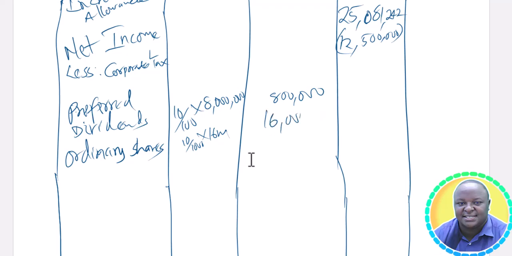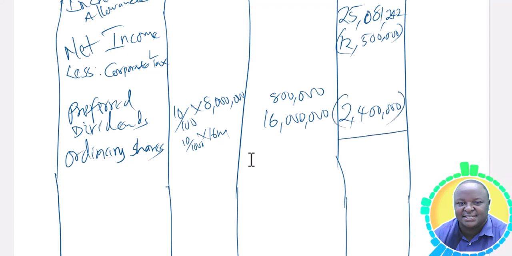So in total, we are going to get the dividend paid to be 2,400,000. So that is how we are going to get that. So we are also going to less that.